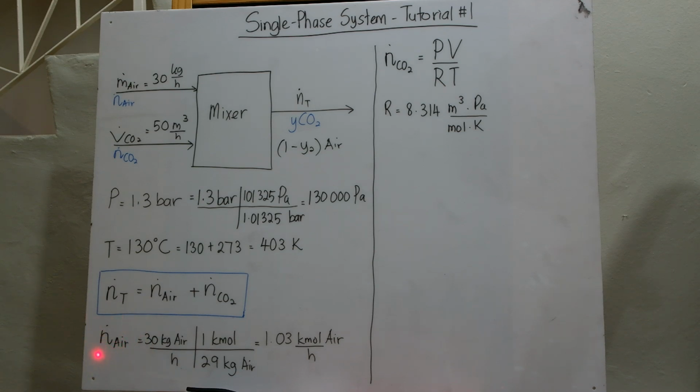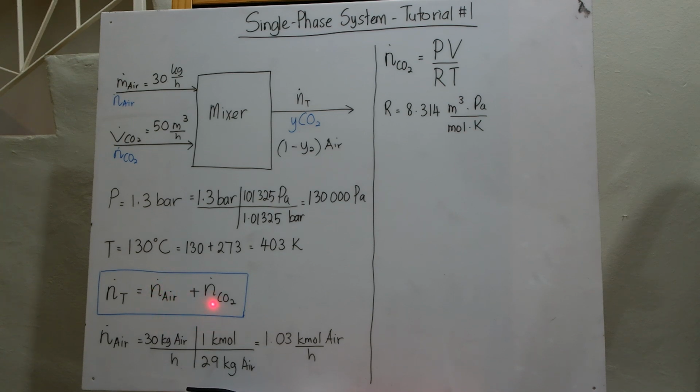The molar flow rate of air is 30 kg of air per hour divided by the molecular weight of air, which is 29 kg air per kmol. So you obtain 1.03 kmol of air per hour.